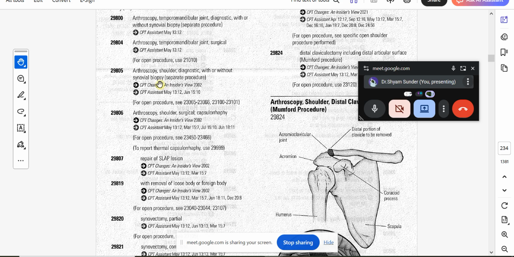They're not doing much. They're taking a biopsy at most. That is 29805. But the remaining are all surgical: arthroscopy shoulder surgical, capsulorrhaphy, SLAP lesion repair, they're all repairs. Extensive procedures. You'll find the same arrangement in every joint. Diagnostic arthroscopy of the elbow, surgical arthroscopy of the elbow. Knee joint also the same thing. Diagnostic arthroscopy knee joint, surgical arthroscopy of the knee joint.